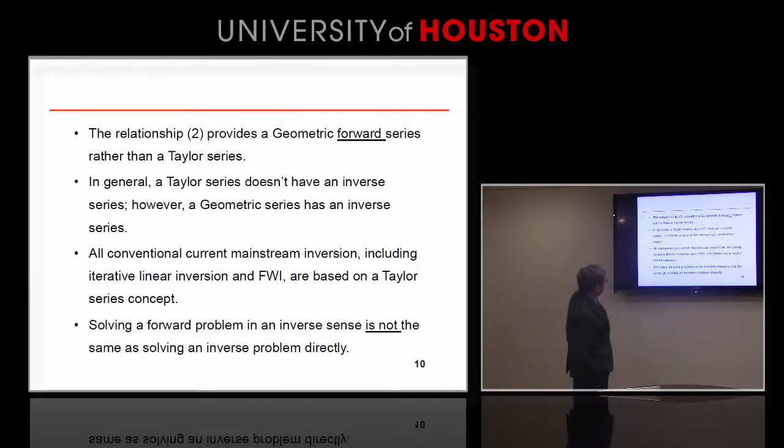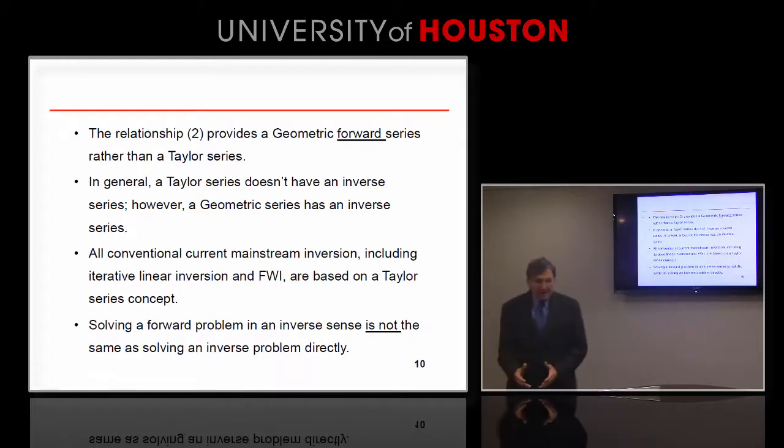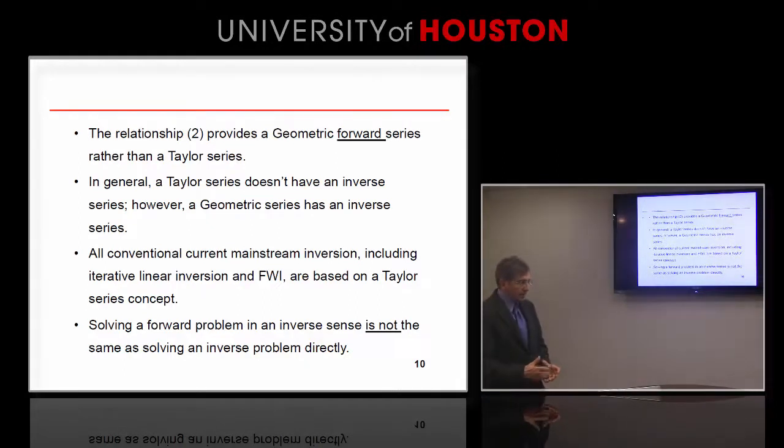So the relationship provides a geometric forward series rather than Taylor. Geometric has an inverse series. All conventional current mainstream inversion, including iterative linear inversion and FWI, are based on a Taylor series concept. Hence, the only thing they can see is iterating linear, because they can't see how you invert a Taylor series.